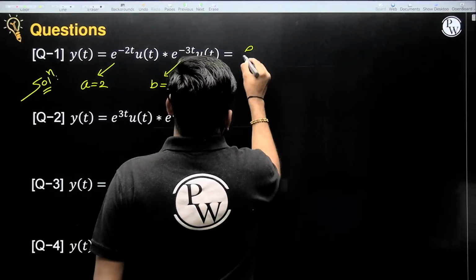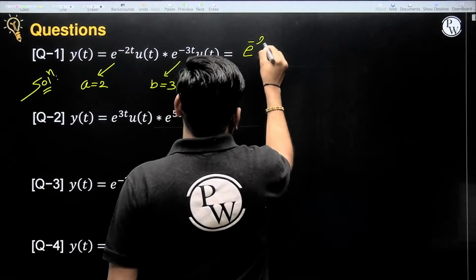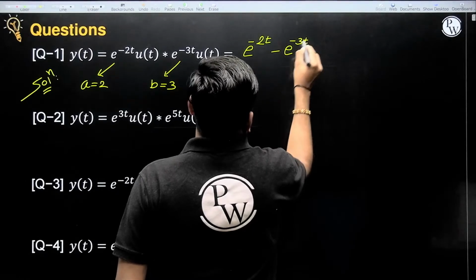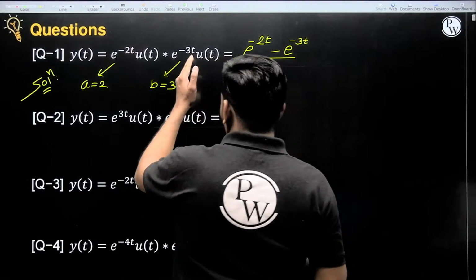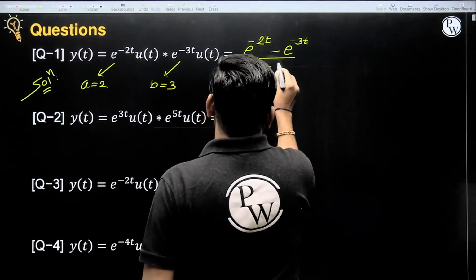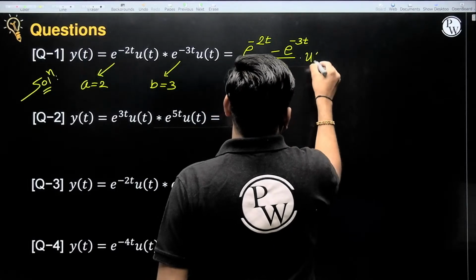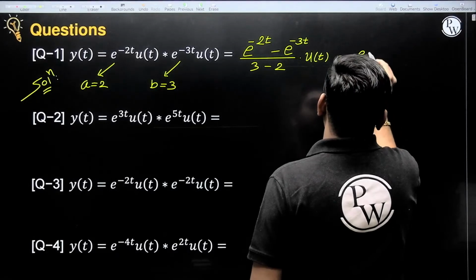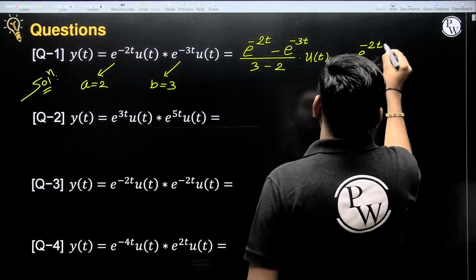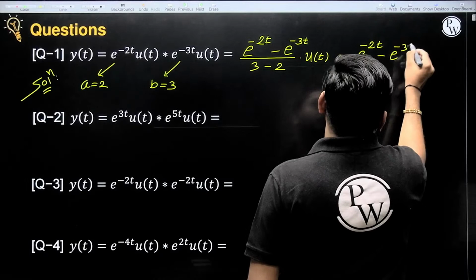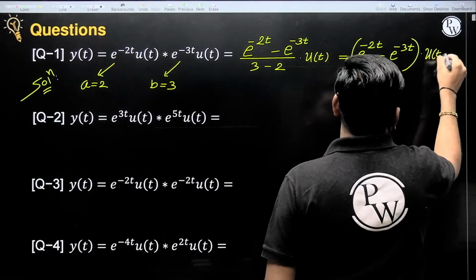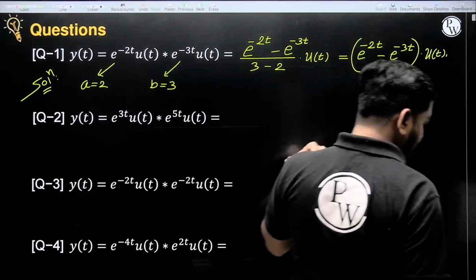So the answer is e to the power minus 2t minus e to the power minus 3t divided by b minus a, that is 3 minus 2, u of t. So it is e to the power minus 2t minus e to the power minus 3t, u of t. Fine. Okay.